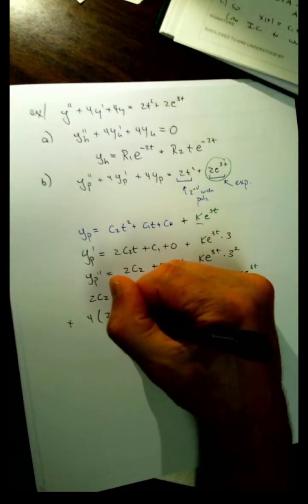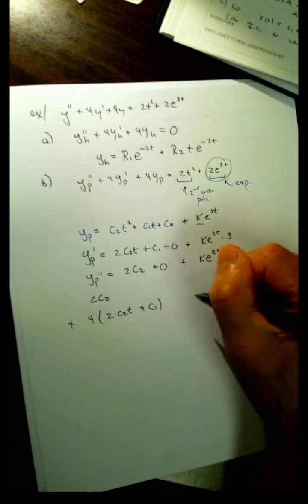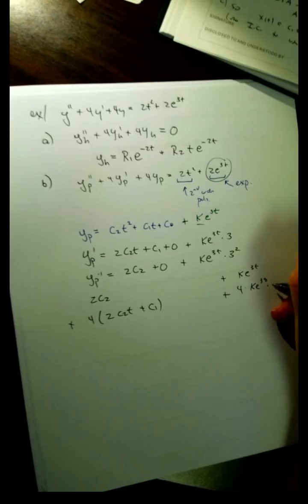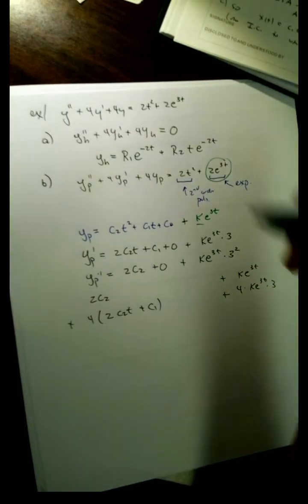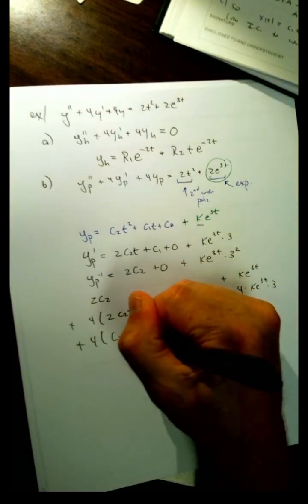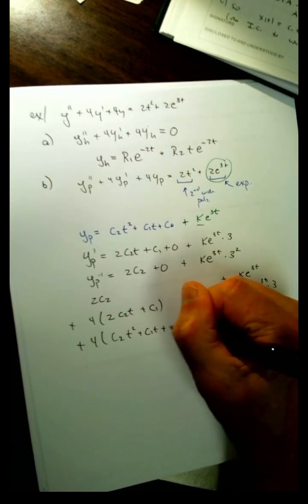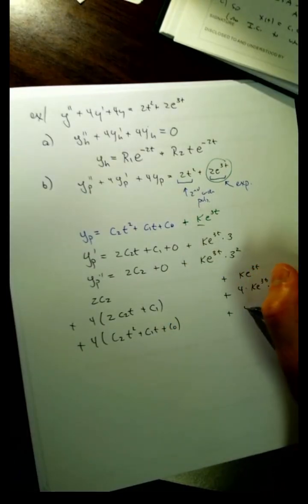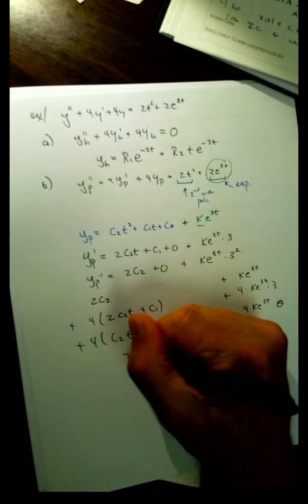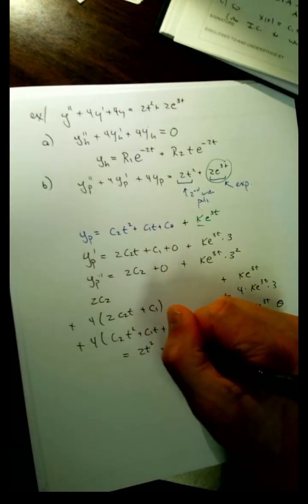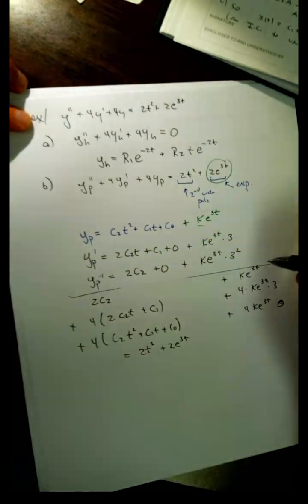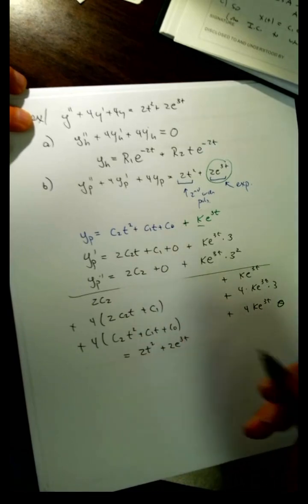So I'm going to have 2c2t plus c1 plus 4 times ke to the 3t times 3, plus 4 times my y, so I get c2t squared plus c1t plus c0 plus 4 times ke to the 3t. All this has to equal 2t squared plus 2e to the 3t. And it's a bit of a mess, so I'm going to collect terms and ask what does it imply.